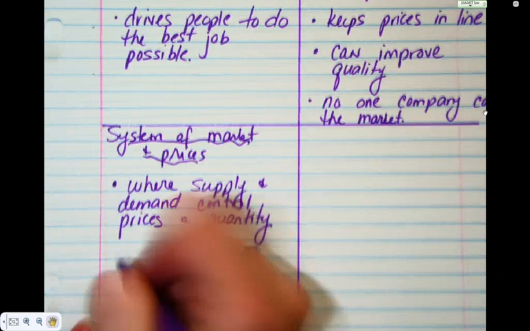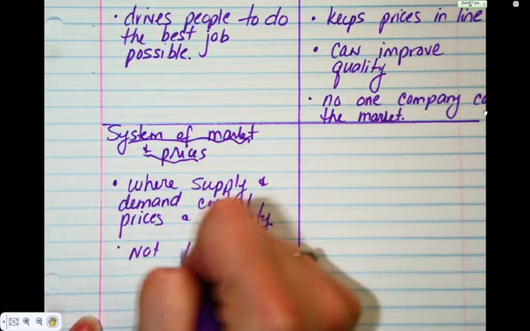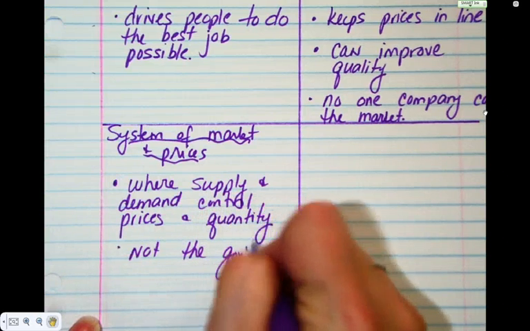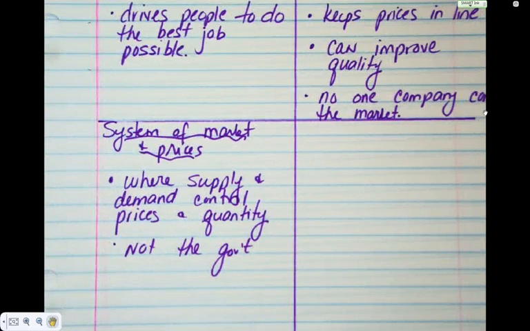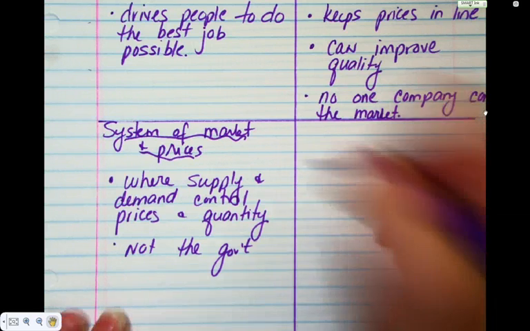The government. Okay, so just make a note, not the government. That's what we're going to spend the next 3 units on: talking about supply and demand and how it affects prices and quantity, what happens if the supply changes, what happens if the demand changes, what happens if the price goes up, et cetera.